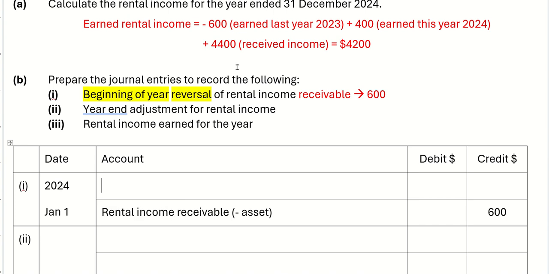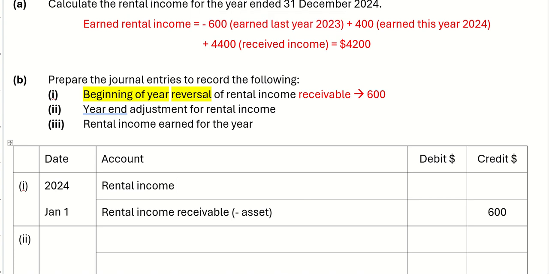Next, we are going to ask ourselves, rental income. When did you earn this income? Do you earn the income this year? The answer is no. Already said here 20 times. $600 was earned last year.